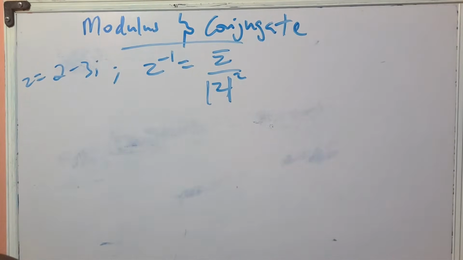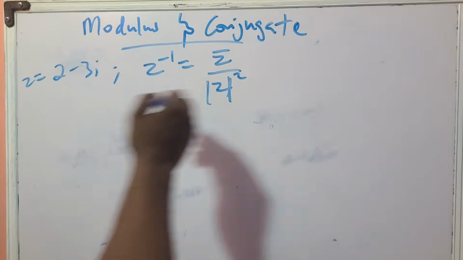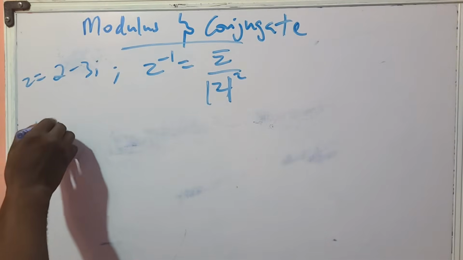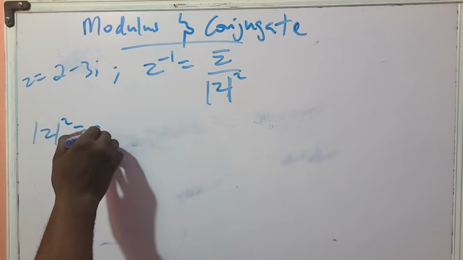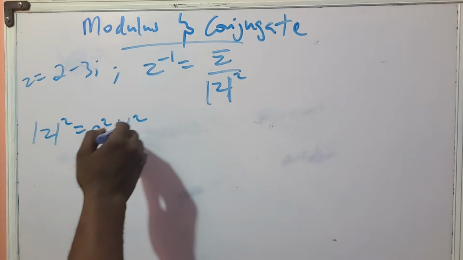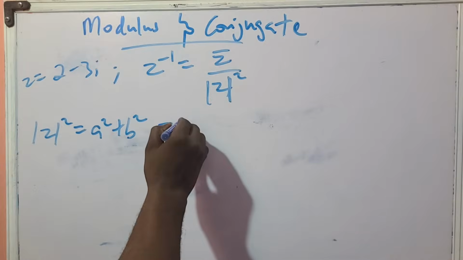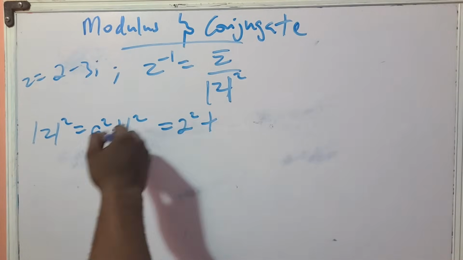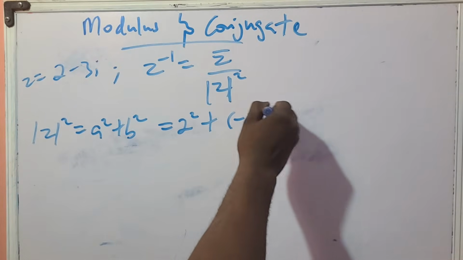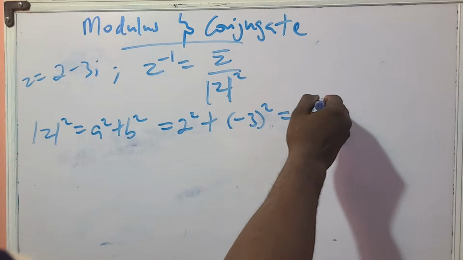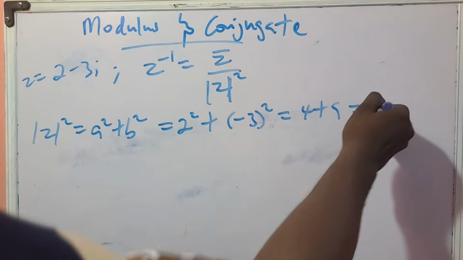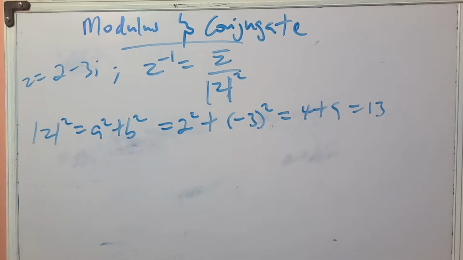We don't even have to find the modulus. Let's just find the modulus square, because the modulus square is equal to a square plus b square, if you remember. So what is our a here? Our a is 2. So that's 2 square plus what's our b? Minus 3. Minus 3 square. This will give me 4 plus 9. And that's 13, right?